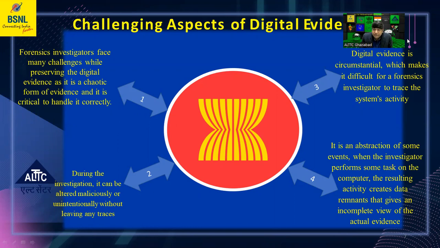Digital evidence is circumstantial, which makes it difficult for a forensic investigator to trace system activities. It is an abstraction of some event when the investigator performs some tasks on the computer. The resulting activities create data remnants that give an incomplete view of the actual evidence.